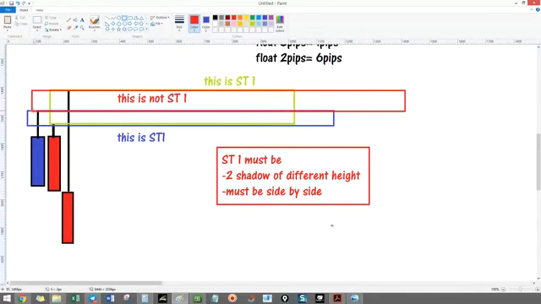This red one is not side by side because this candle and this candle are one candle. So this one is ST1 because this is side by side. This is ST1: two shadows of different height. Candle color doesn't matter. It must be two shadows of different height, side by side.